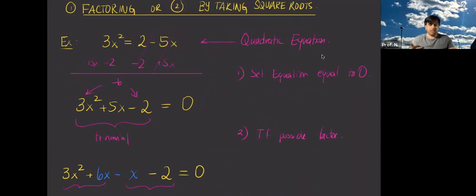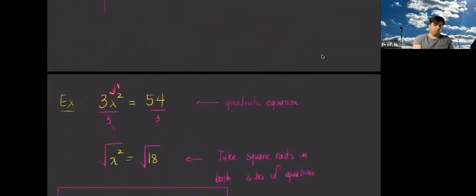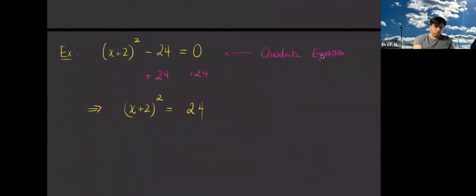But in this case, what do we have? One square term, one constant. So applying square roots is more applicable. Makes more sense to use because I want to get rid of that squared term.